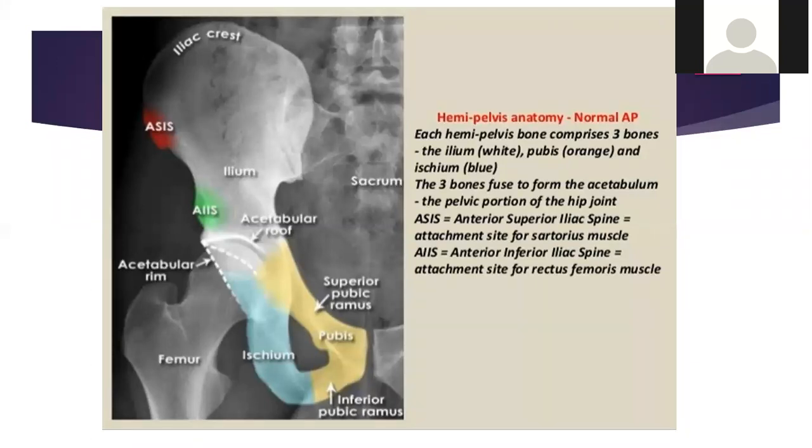All of them are fused in a circle, which is called the acetabulum, and then covers the femoral head. This is very easy to manipulate, just a plain X-ray for the hemipelvis anatomy. Clearly, I think this is understood.